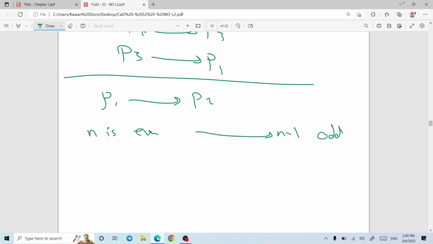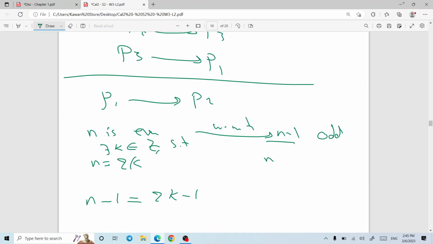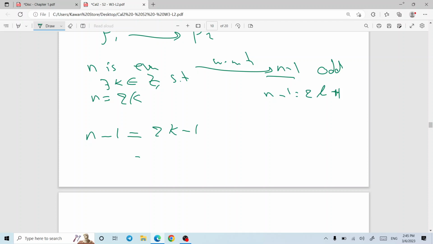Direct? Let me try. N equal to 2k, right? There exists k belonging to the integers such that n equals 2k. So I say n minus 1 equals what? Why do I say n minus 1? Because I want to show that it is odd. Means that I want to show that n minus 1 is equal to 2l plus 1. Am I right? So how do I show that one?